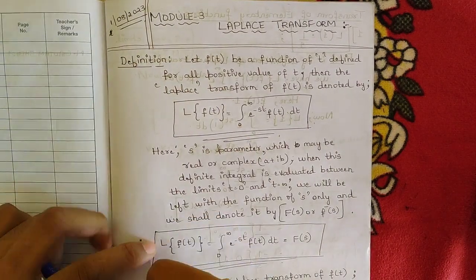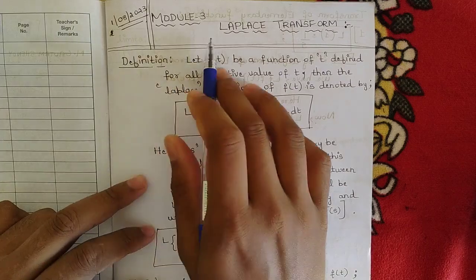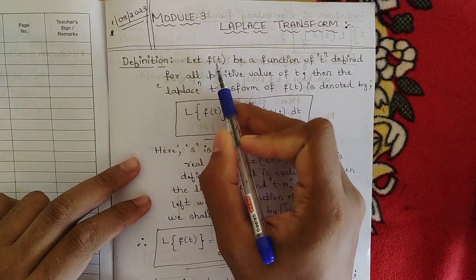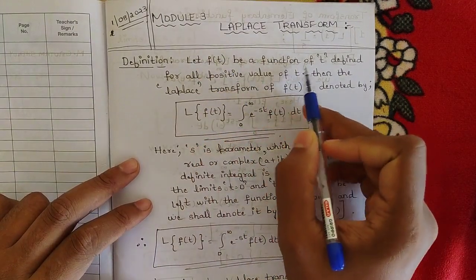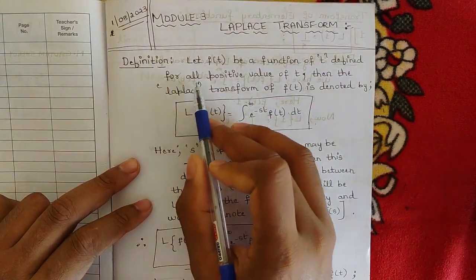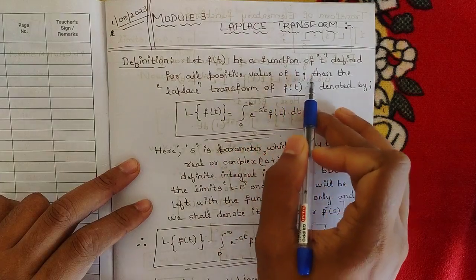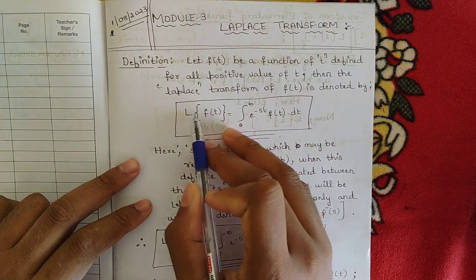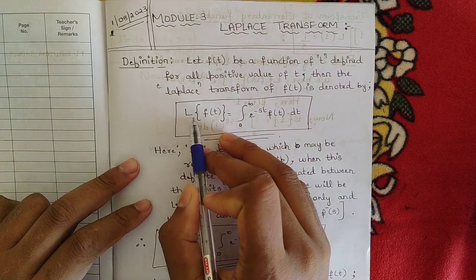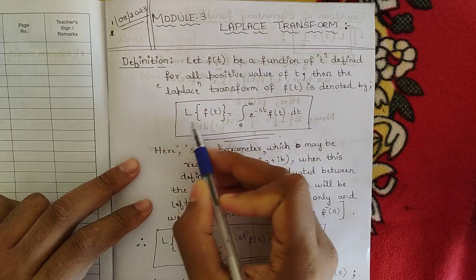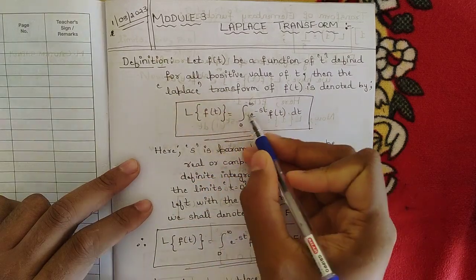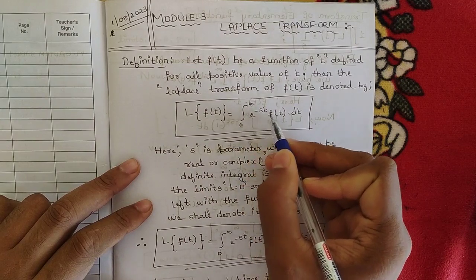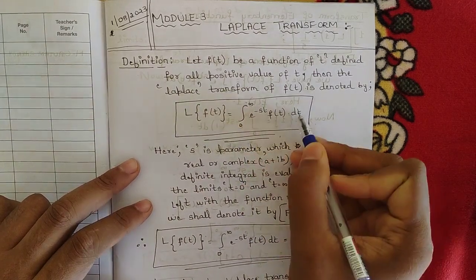Let us start with the definition part now. Let us see first the definition of Laplace transform. Definition: let f of t be a function of t defined for all positive values of t. Then the Laplace transform of f of t, denoted by L of f of t, is equal to the integration from 0 to infinity of e to the power minus st into f of t dt, with respect to t.